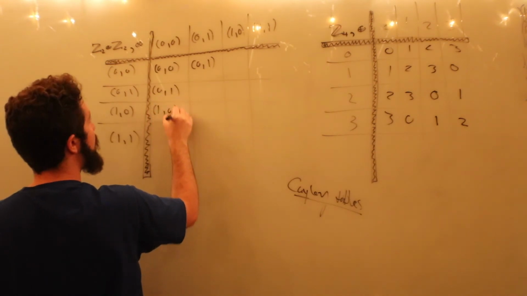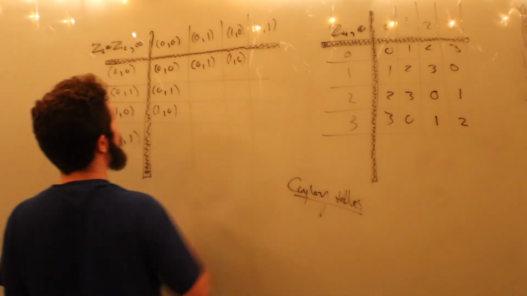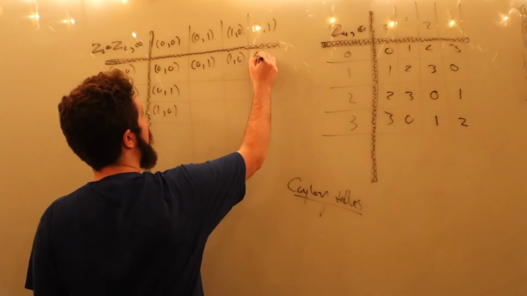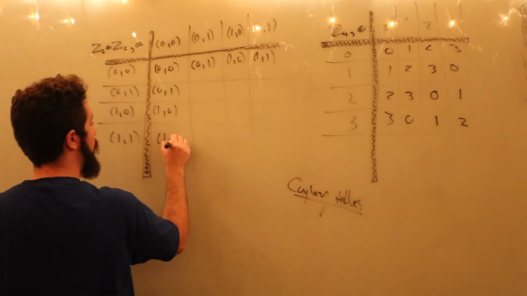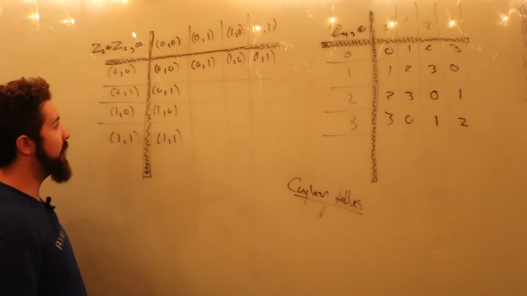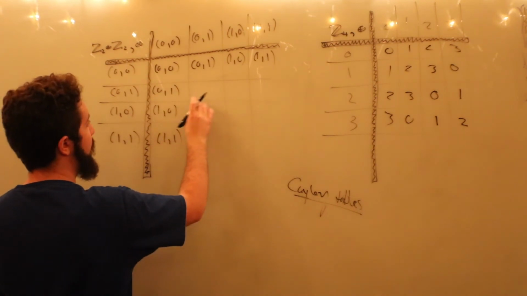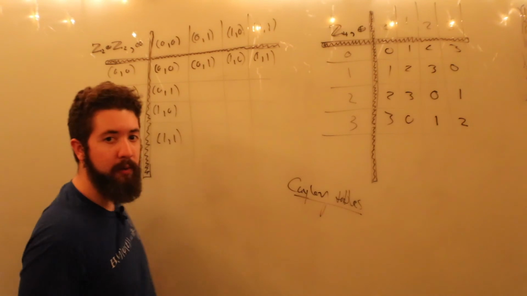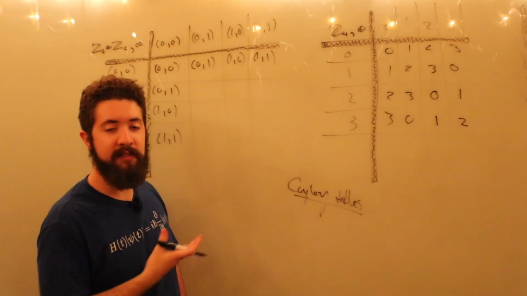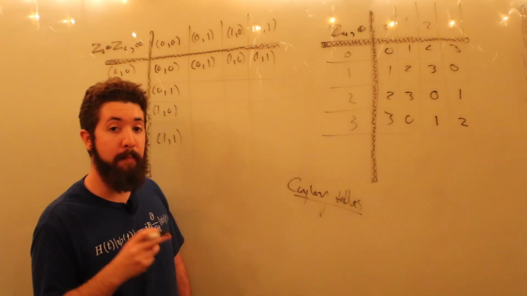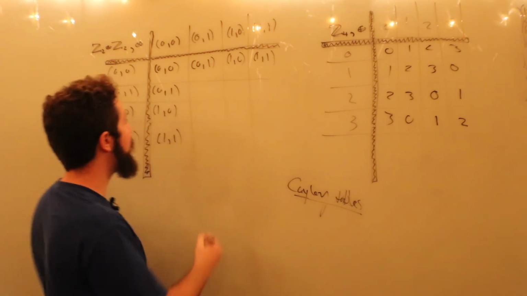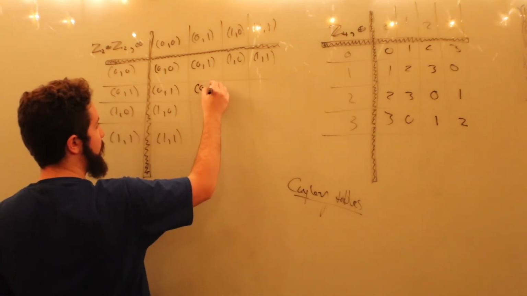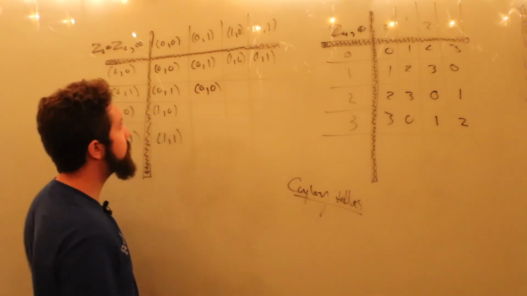It's going to be 1, 0, 1, 0. 1, 1, 1, 1. It's still abelian. All right, now, what is 0, 1 plus 0, 1? Well, the 0 plus 0 part is going to be 0, and the 1 plus 1 part, mod 2, is going to be 0. So this is going to be our identity element, 0, 0.